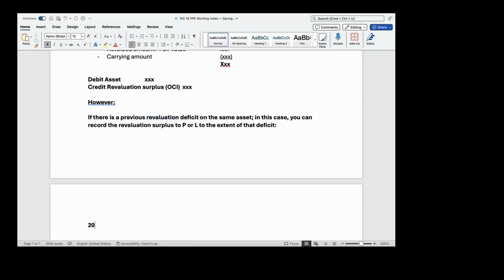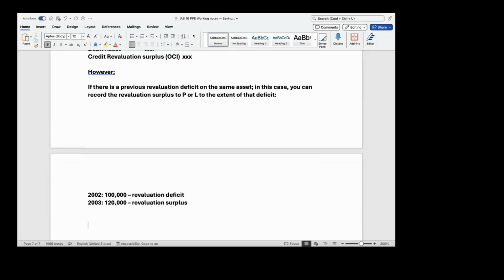In such a way that if in 2002 we had a deficit of 100,000 as revaluation deficit, and in 2003 we now have 120,000 as revaluation surplus. What we are saying here is this.